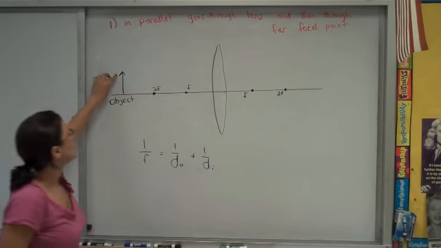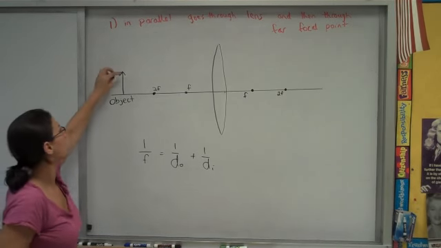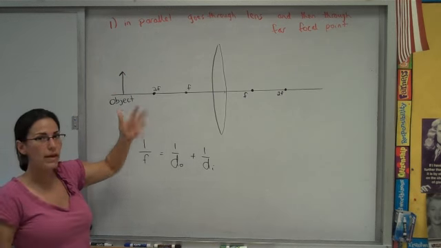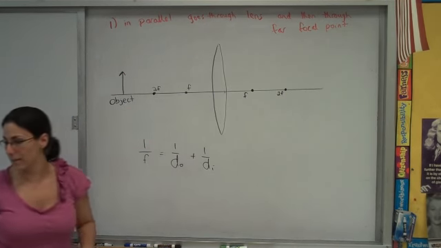I'm just going to take the light from the top of the object that fits this and draw that in. Of course, light from the top of the object goes every which way. Right now, I just want to draw the beam of light that happens to go parallel to this black line.